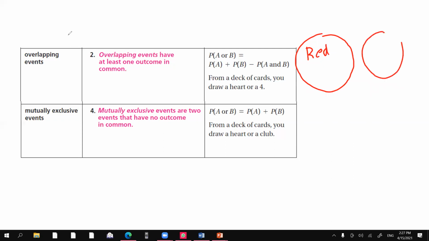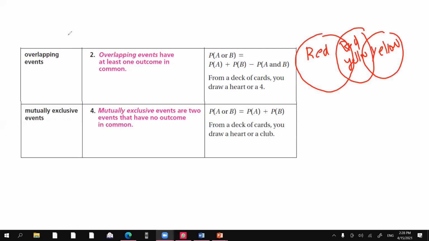One of you says red, one says yellow and black. So one of them says red and yellow. So the red and yellow can be in common. Some of them say I like red and yellow, so they are in common. So we call it overlapping events.